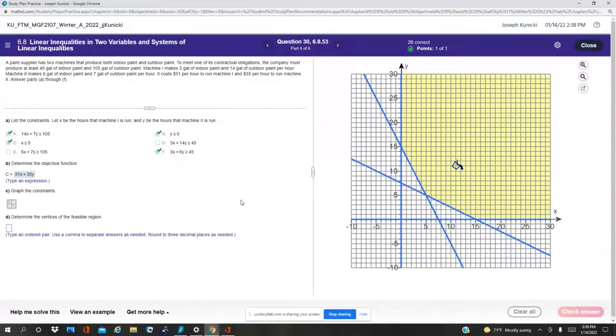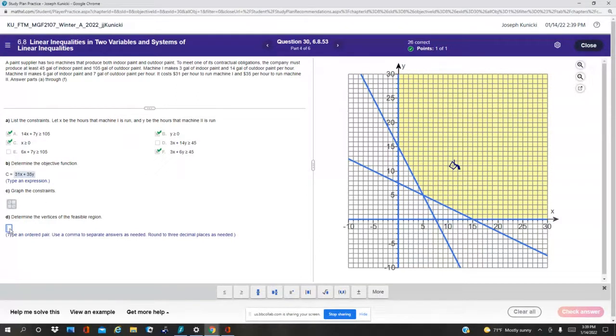So if I plug in the values, well, first I want to determine the vertices. So if we start at the top, that's 0, 15. Second one is 5, 5, and the third one is 15, 0.